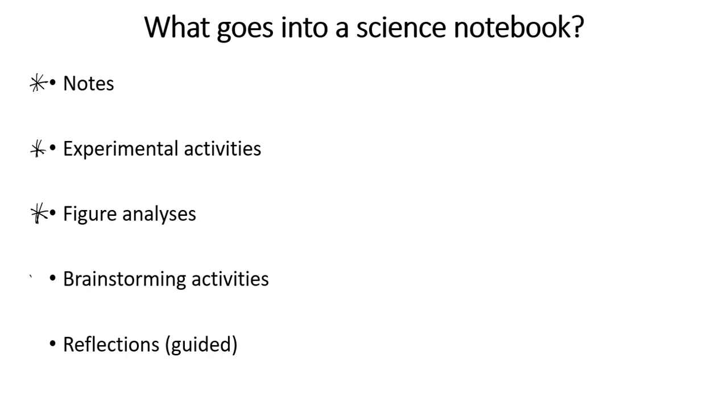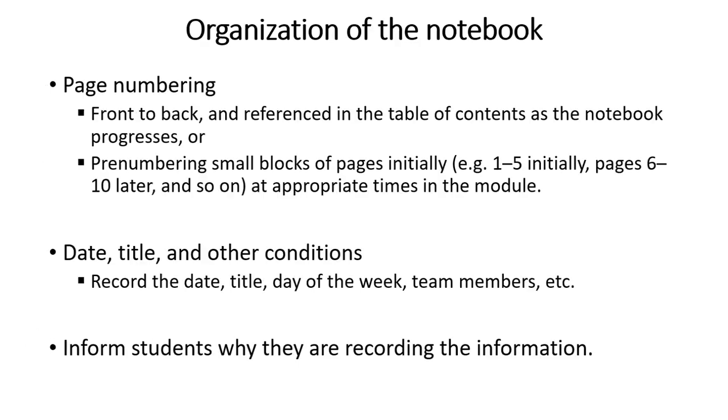If you just want to brainstorm to discuss things, you can include those discussions in your science notebook. And then you can also put reflections. What have you learned? Summarize what the activities were today. So that can be part of a science notebook.